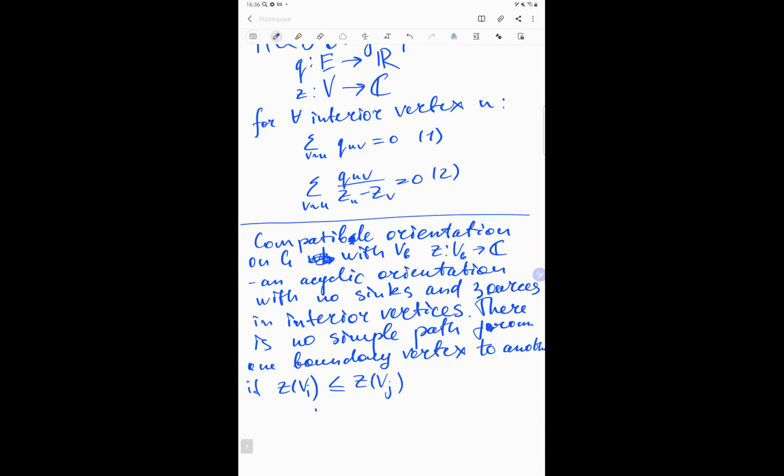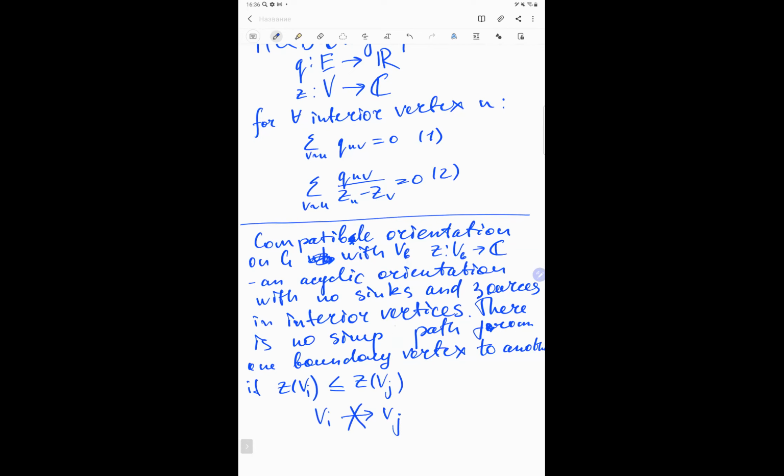So there is no path from v_i to v_j. No oriented path, yeah, of course.